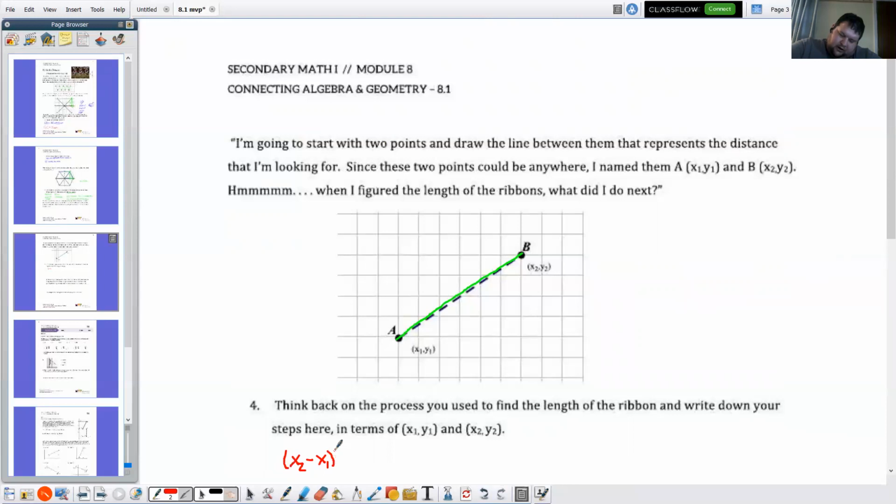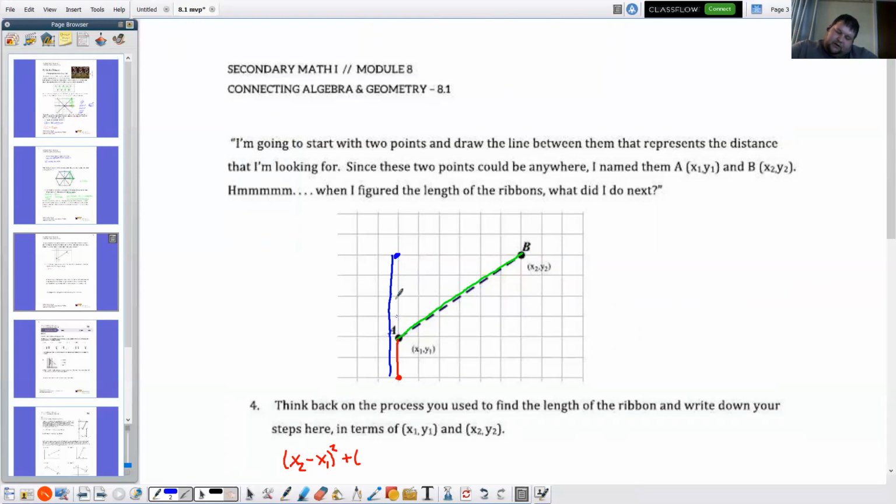That's our a term. So squared plus, then we take our y values here. So let's say it's from some 0 right here, and we go up that many to get to the y there. Okay, and then we go up to where our by is going to be over here.